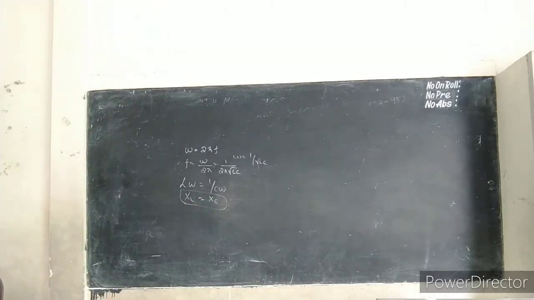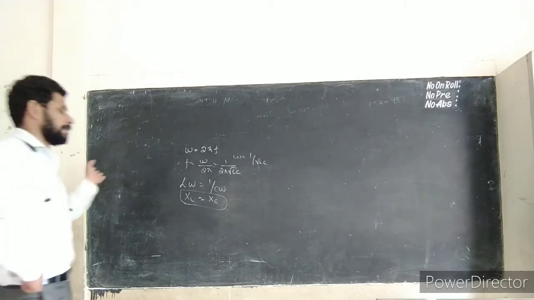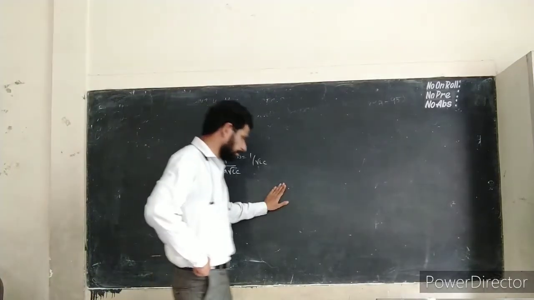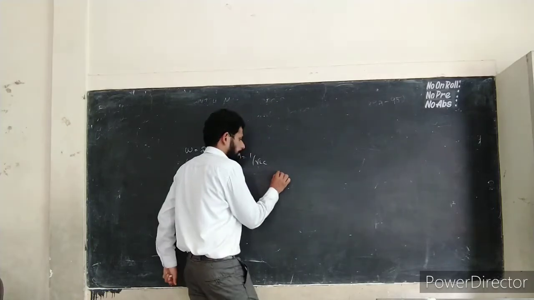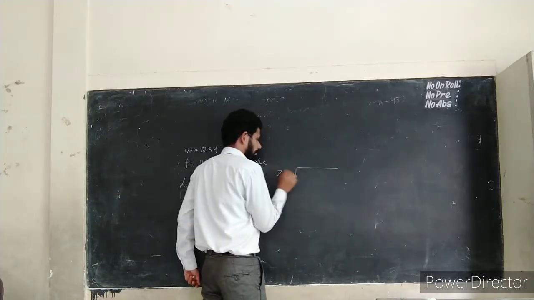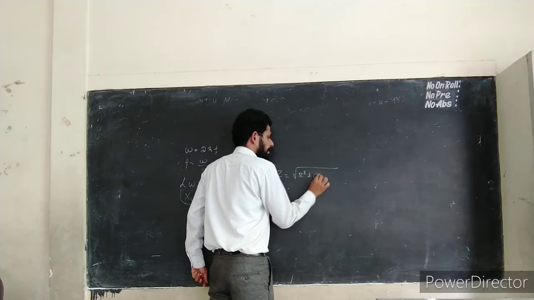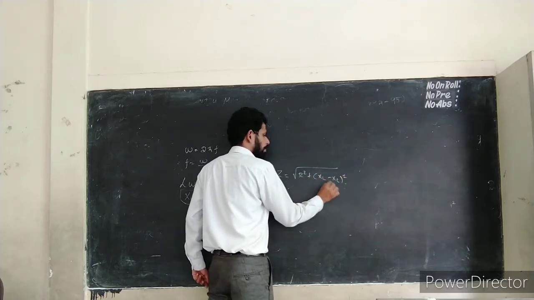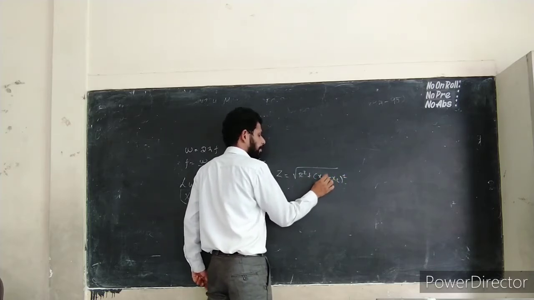Resonance in the RLC circuit takes place at this condition, because the impedance will be equal to root of R square plus (XL minus XC) the whole square. So when these two things are equal, it will become 0.